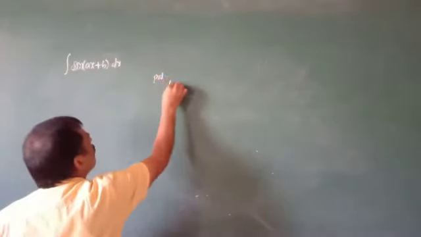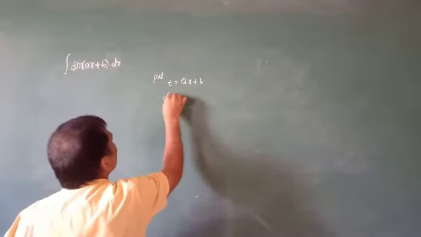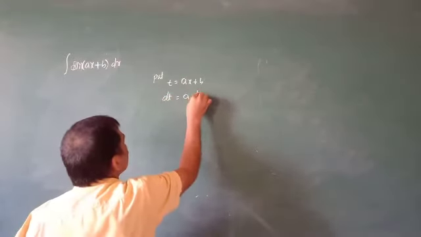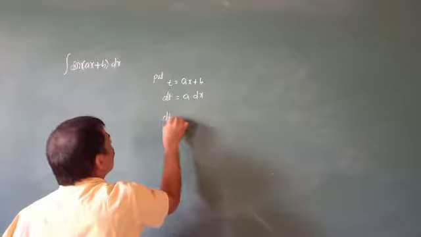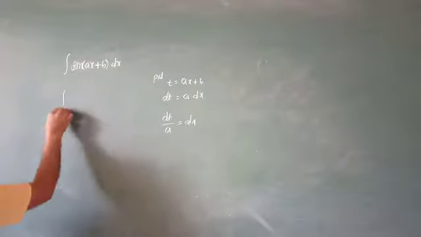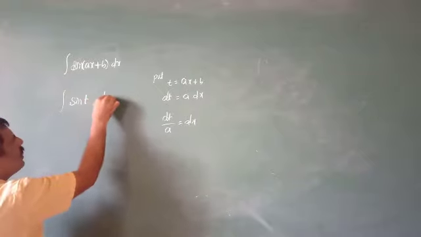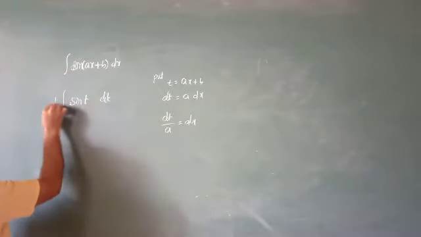Next one is integrate of sine of ax plus b with respect to x. Put t equal to ax plus b, so dt is equal to a dx, so dt divided by a is equal to dx. So it equals integrate of sine t into dt divided by a, which is 1 by a.